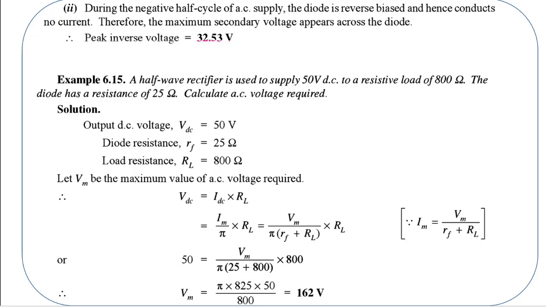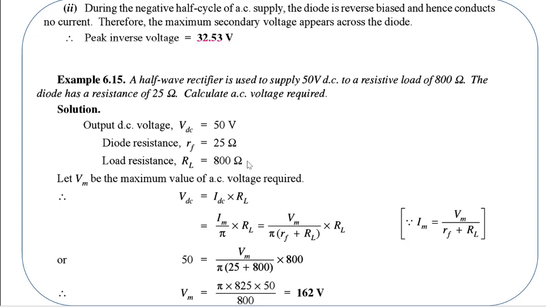Another problem, a half-wave rectifier is used to supply 50 volt DC to a resistive load of 800 ohms. The diode has a resistance of 25 ohm. Calculate the AC voltage required. So VDC is given 50 volt, diode resistance RF is 25 ohm, load resistance RL equal to 800 ohm.